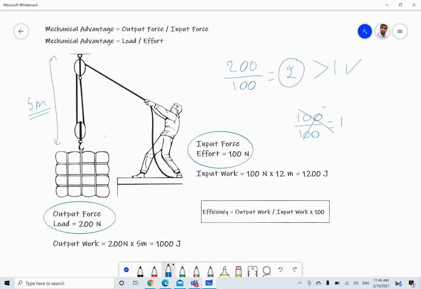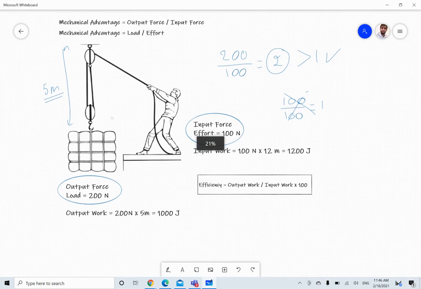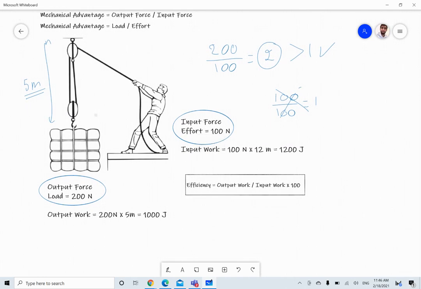So let us calculate the output work of this machine. The output work of this machine will be 200 newtons multiplied by 5 meters equals 1000 joules.